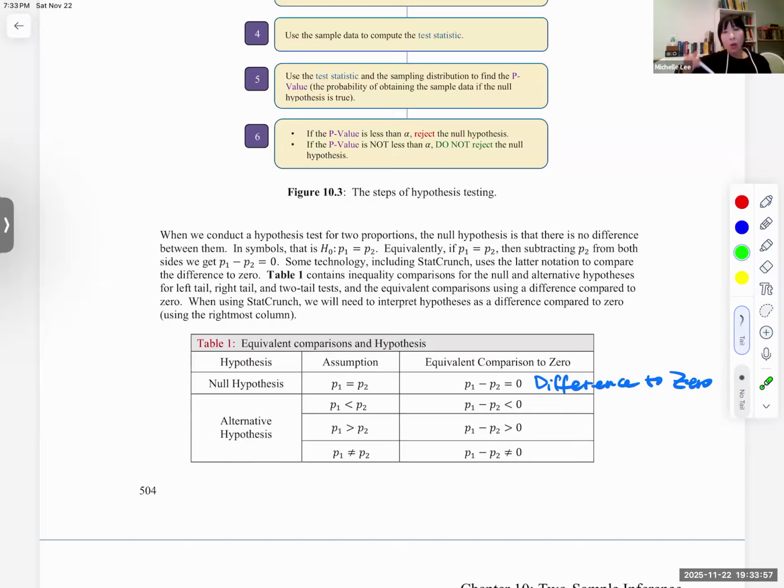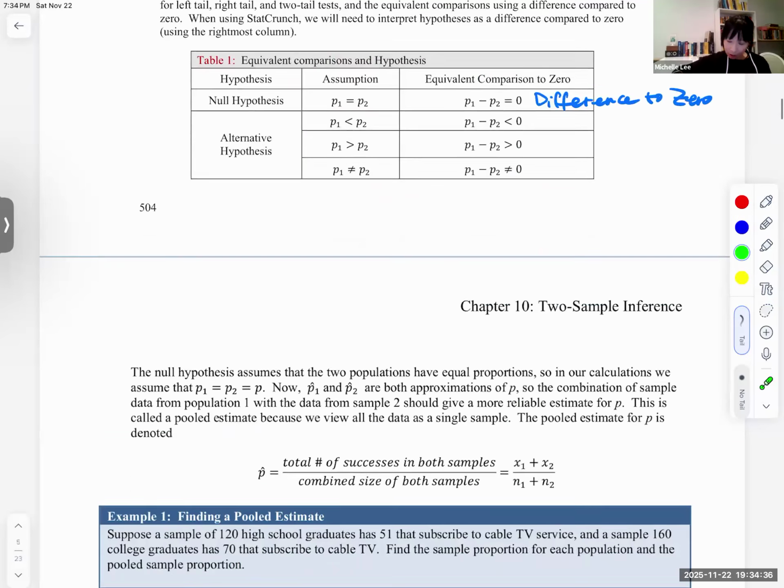Same here with the two proportions. Once again, if we use 0 on the other side, we subtract the difference: less than 0, greater than 0, and not equal to 0, yeah? This is equivalent to the inequality.